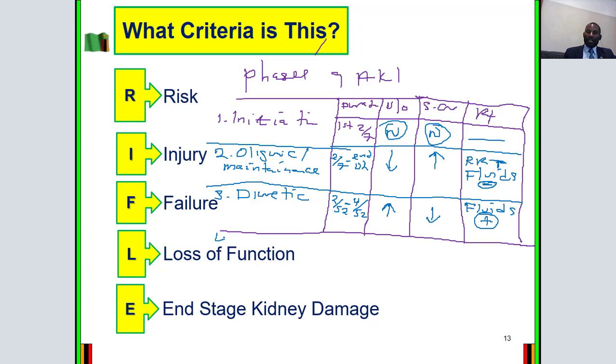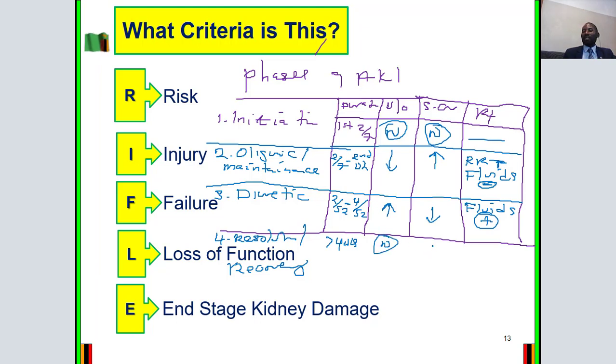And the fourth stage is called resolution or recovery. Under this one, the duration is more than 4 weeks. When you check the urine output, it is normal.